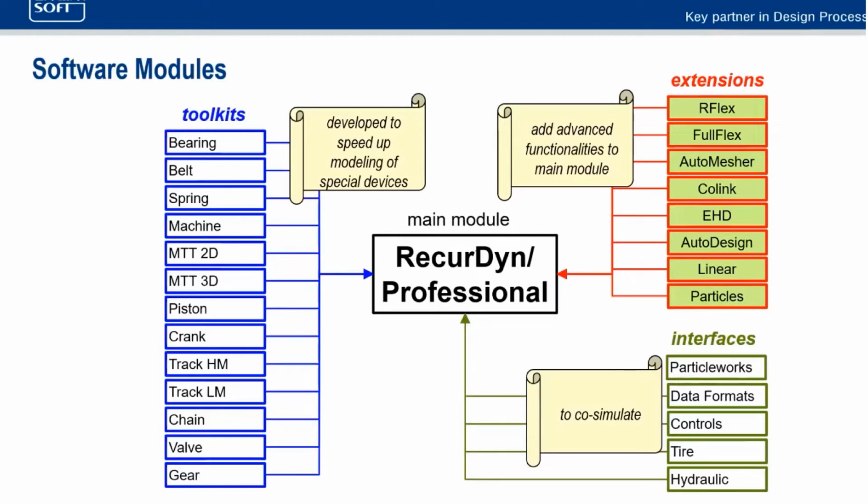The toolkits are really using the core solver and then adding automation to it. The most clear example of that is the track and chain toolkits. If you think about setting up a track model, you've got a tank, and then you've got the two tracks. Setting that up by hand would be extremely tedious, right? You've got all of these links, and they all need to be connected to each other.